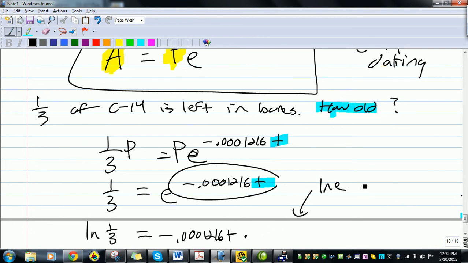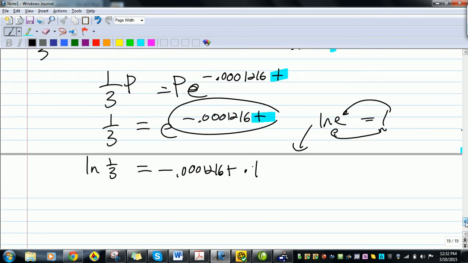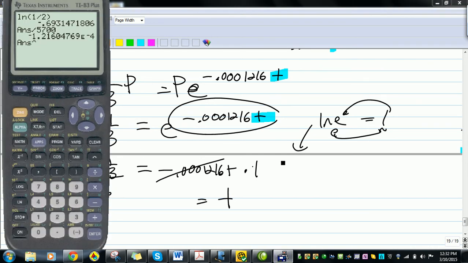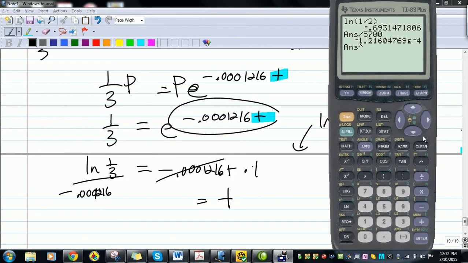But remember, the natural log of e is just 1, because e, the base of the natural log, to the first equals e, right? So it's just times 1. And then to solve for t, I just divide both sides by that number, negative 0.00011216.